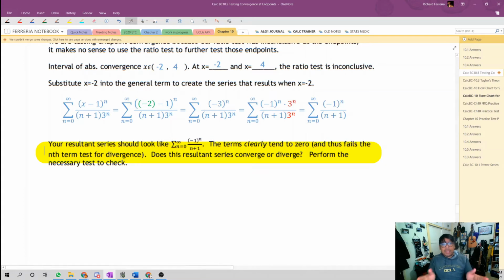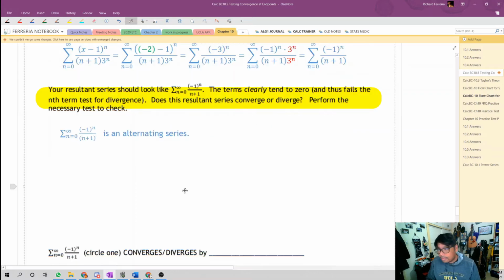Okay, so does the series converge or does it diverge? Let's perform the necessary test to check. So this series, (-1)^n over n plus 1, is an alternating series. And you can tell because you have (-1)^n, and n will go to both positive and negative numbers.